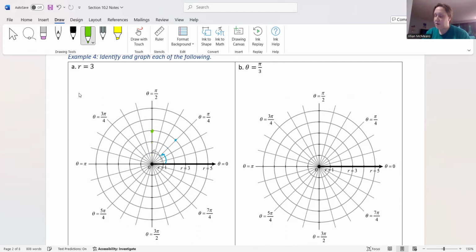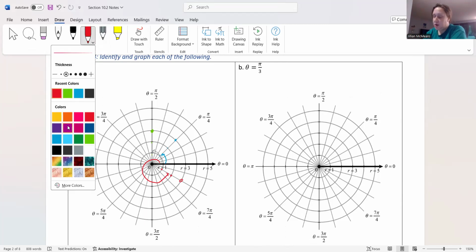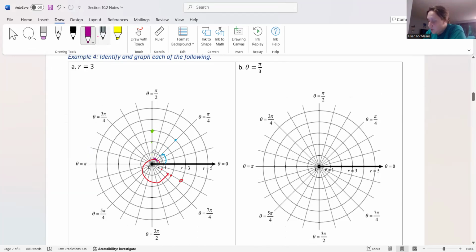I could choose theta to be 11 pi over 6, and as long as r is 3, we're good. Let's do one more color just for funsies, this purplish color. We could choose something over here, so let's say 5 pi over 4. And again, r is going to be 3.